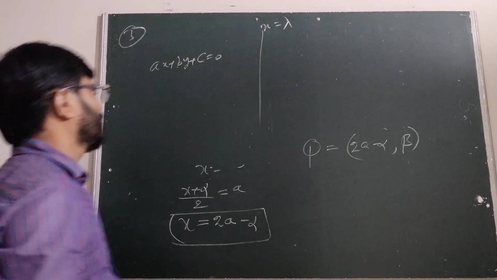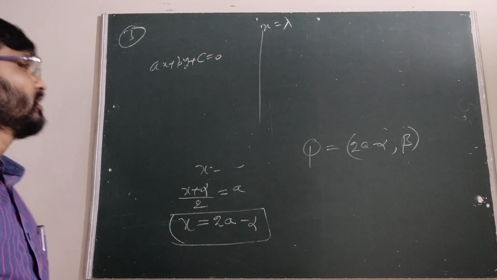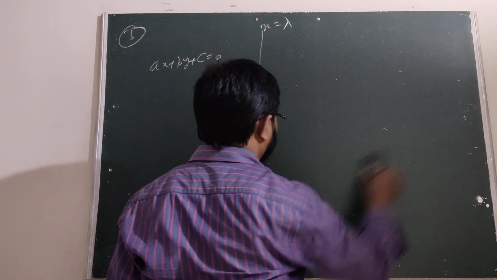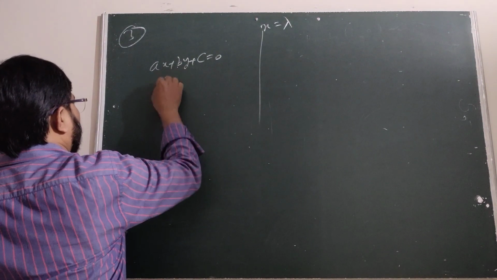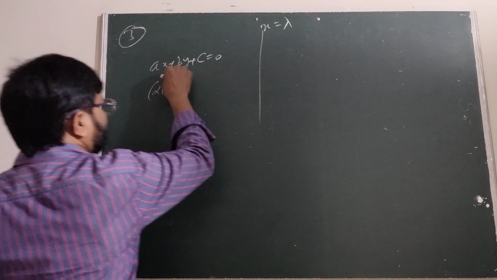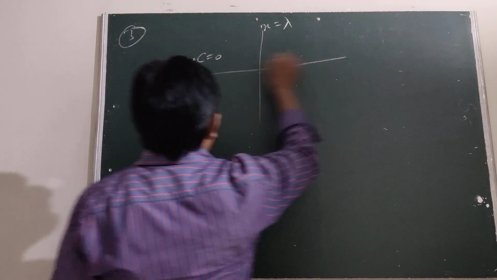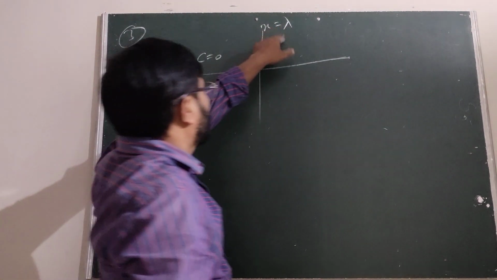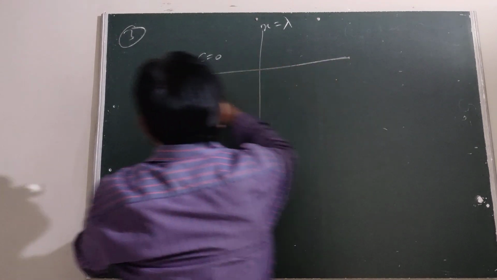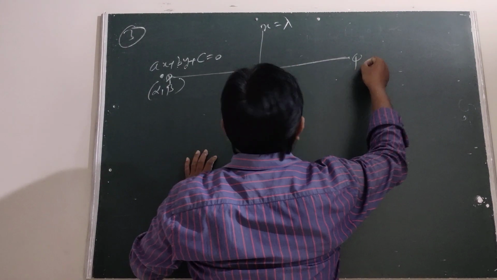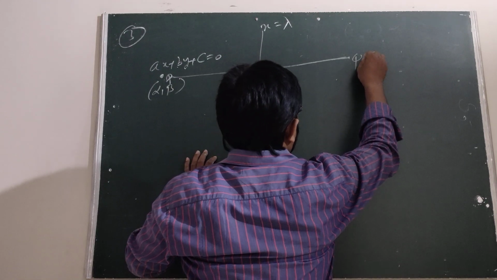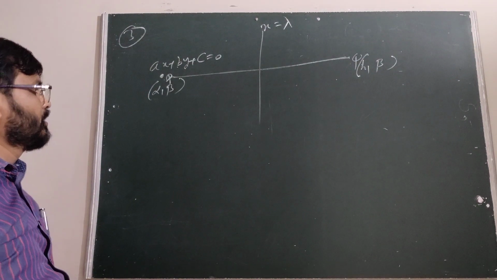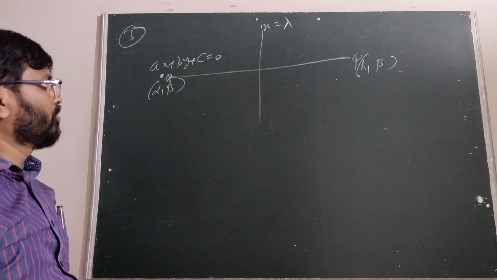Just now we know that when we take the point (alpha, beta), this is P and this is Q. We take Q as (h, beta). Q is the image of P with respect to the line x equal to lambda.